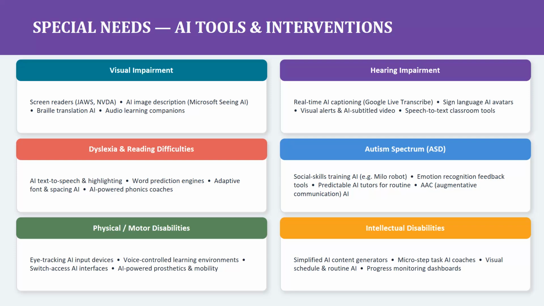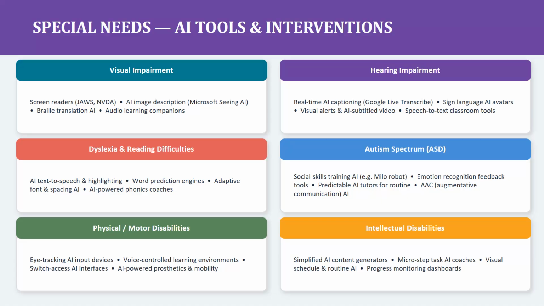We have the switch access AI interfaces. And then we have what is called the AI powered prosthetics and mobility. So those are the major tools that are used to help those with the physical disabilities.